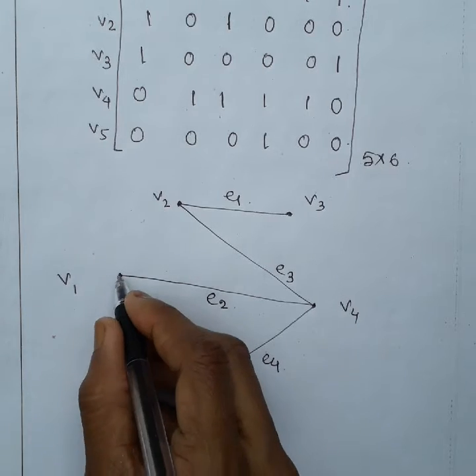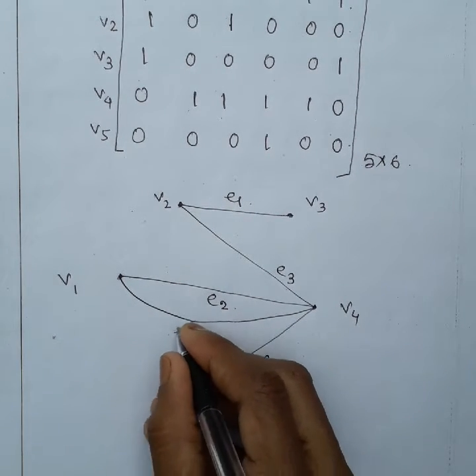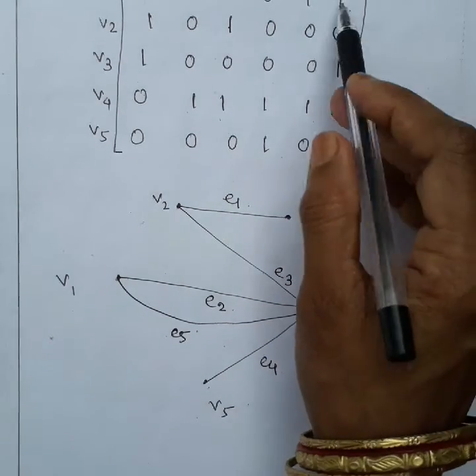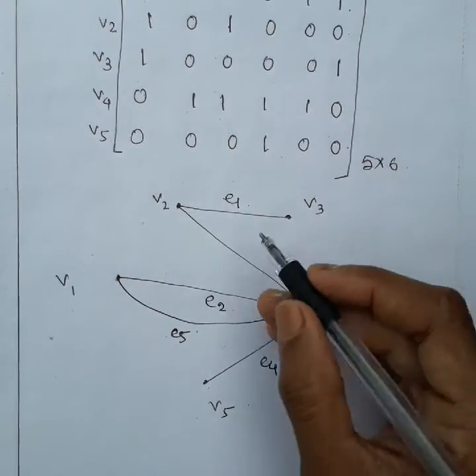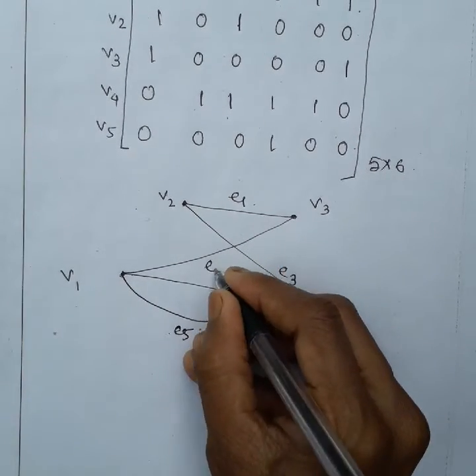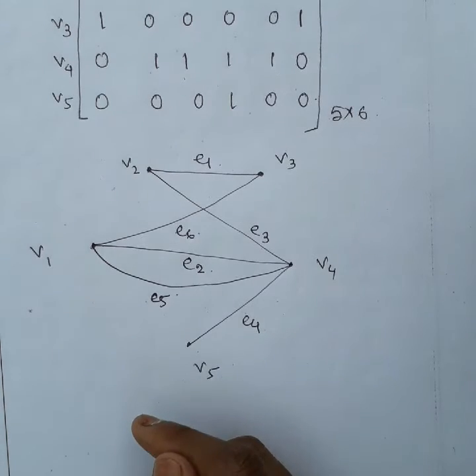That means this is a parallel edge. Then E6 is between V1 and V3. This is E6. So this is our graph.